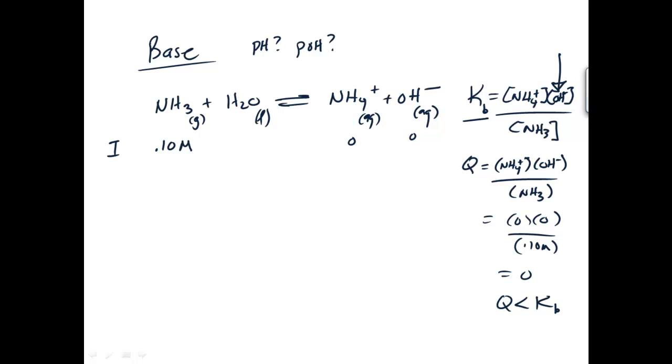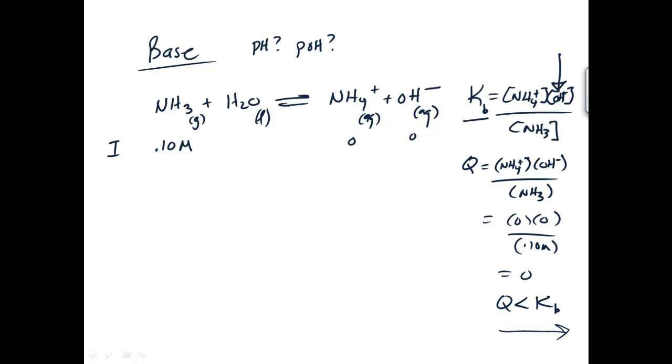So what does that tell us? Well, that tells us the reaction is going to shift in a forward direction to make product until Q, the value of the reaction quotient, equals the equilibrium constant. Most of us just zip through this because we know if we don't have any product to begin with, the reaction is going to go in the forward direction.